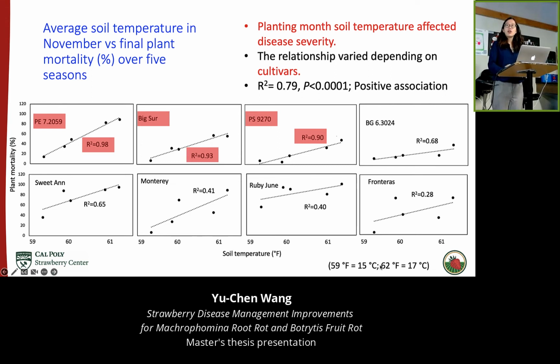And the 3 cultivars here have poor fits, with R-square values lower than 0.5. But in general, this relationship has an R-square value of 0.79, which says that it's explaining 79% of the variation. Considering this is field research, this is a very high number, showing how important soil temperature is.